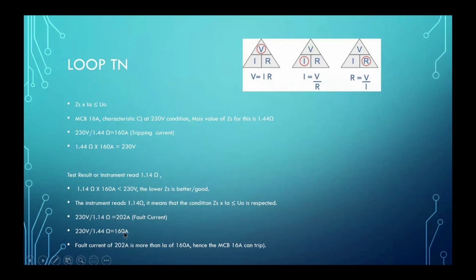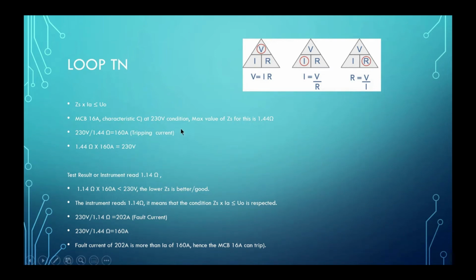Understand? So when you use the instrument and test, if you set to this condition, MCB 16 amp characteristic C at 230 volt, and your test result is below 1.44 ohms, this impedance is safe to use.